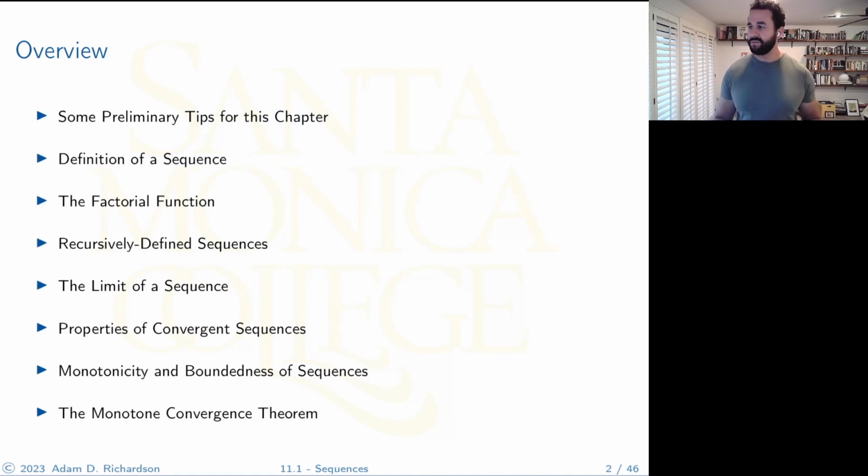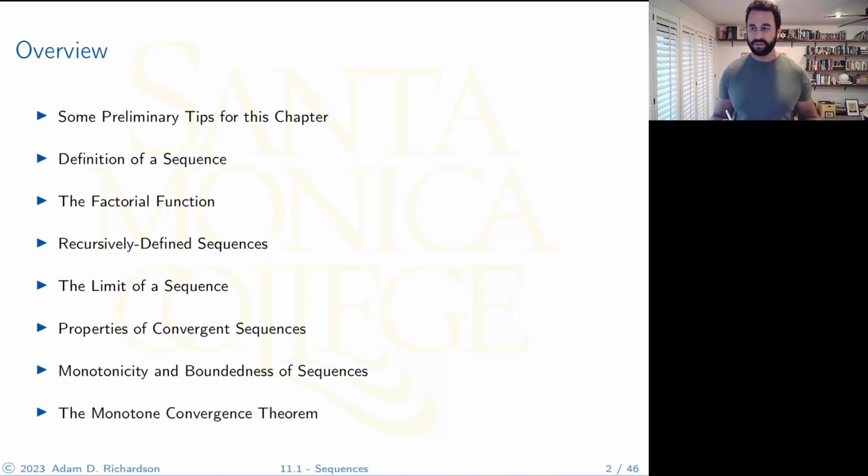Here's the overview. I'll give you some preliminary tips just for this chapter. What we do in this chapter is usually very different than what you've done in previous chapters and even previous math courses. So the way that you think and the way that you approach the problems has to change a little bit. So I want to give you some general tips. Then we're going to go through the definition of a sequence, the factorial function, which is a really important function.